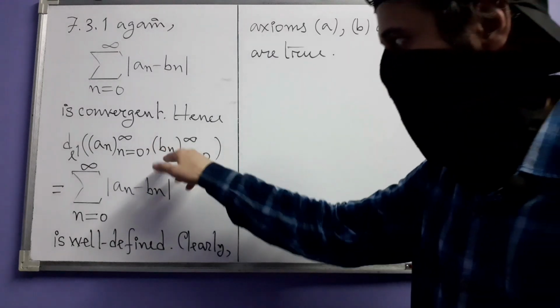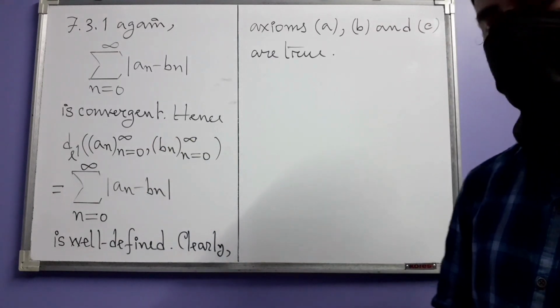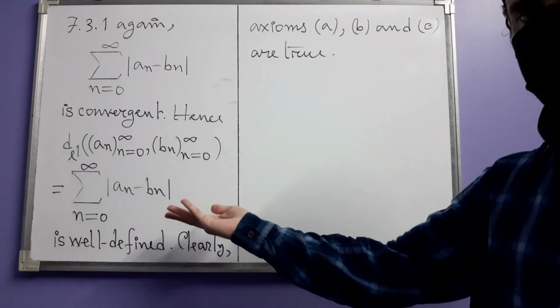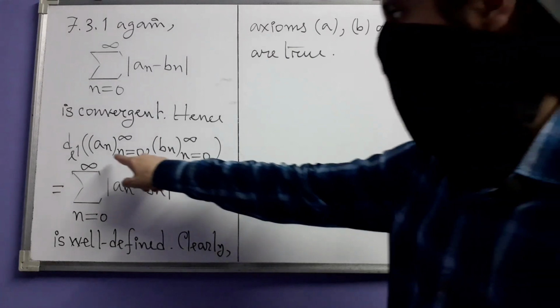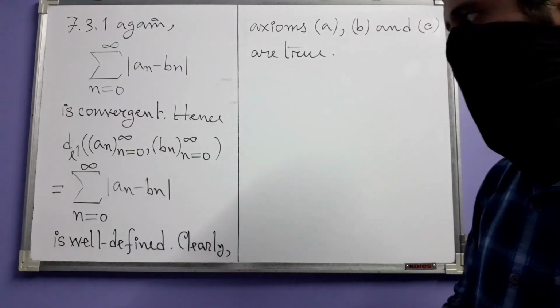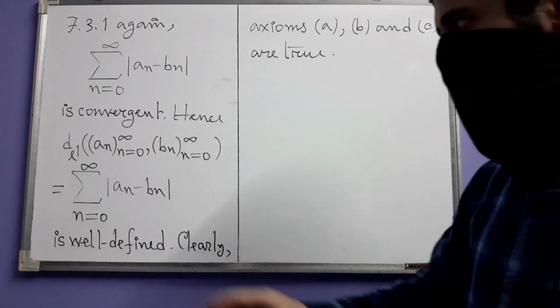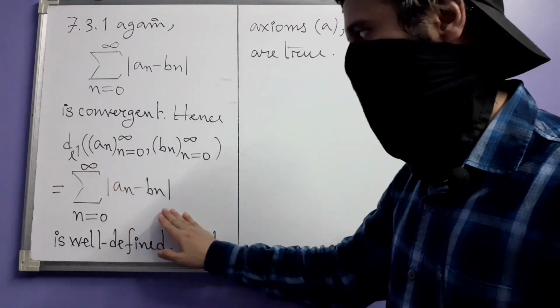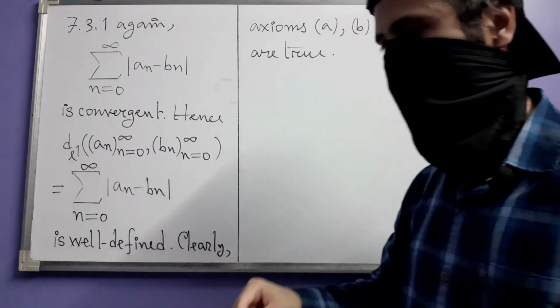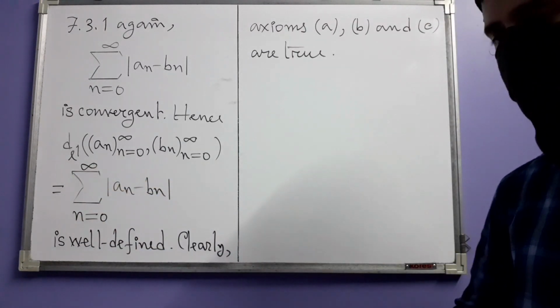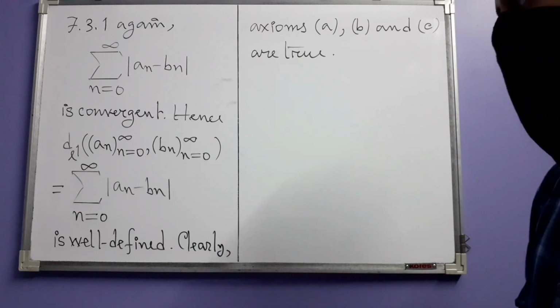But if the points are the same, then we should get 0, which you can see almost instantly. If these two are the same sequence, then each an is equal to bn. So the series that you are looking at here, in that case, will have all of its terms equal to 0, and obviously that converges to 0.